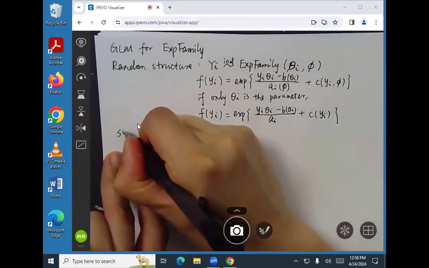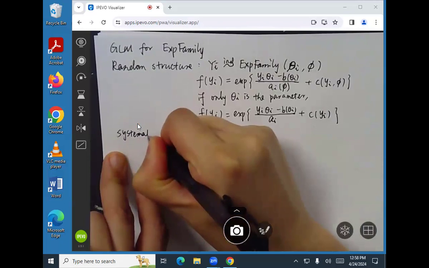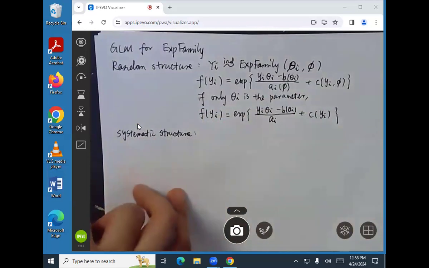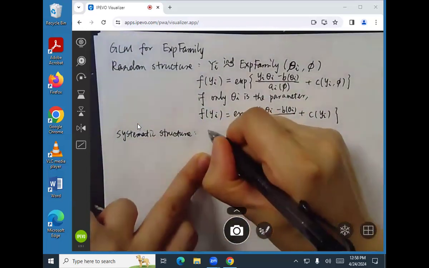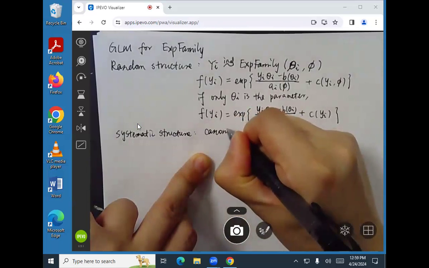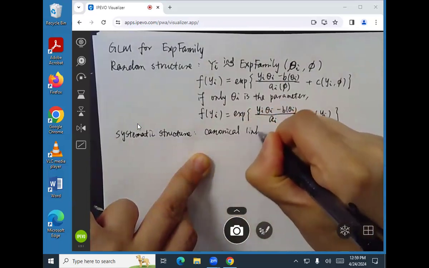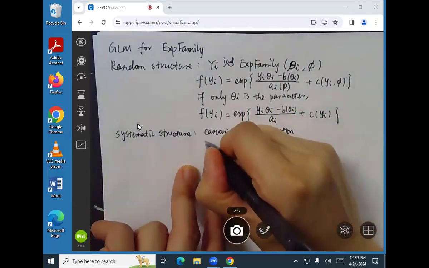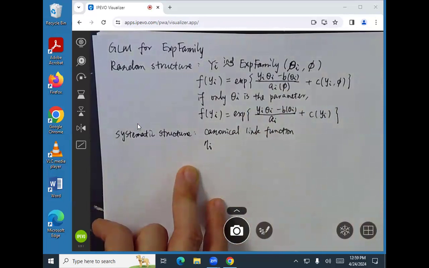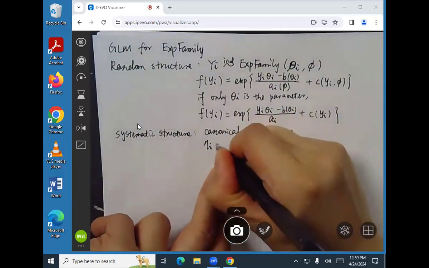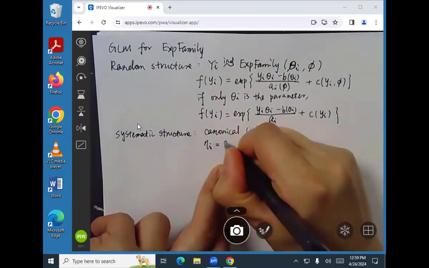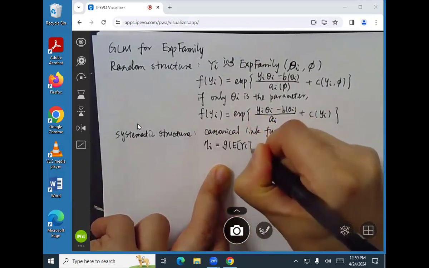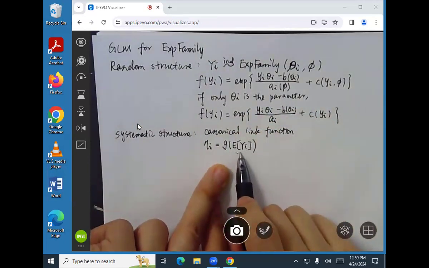For the systematic structure, last time we said that one way to specify the so-called canonical link function is to specify the linear predictor, denoted eta i, which should be some transformation g of the expectation of yi, typically denoted as mu i.